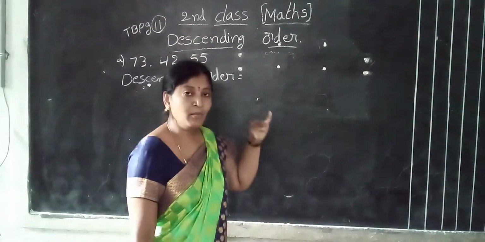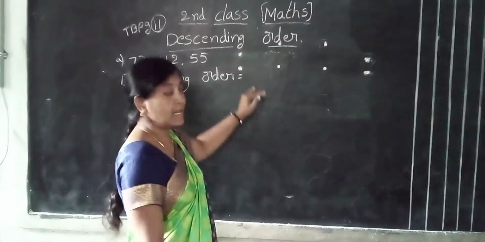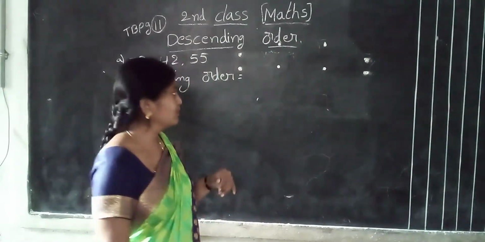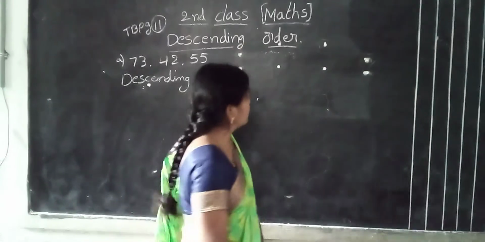So ascending order means small to big. Descending order means big to small. Big to small.